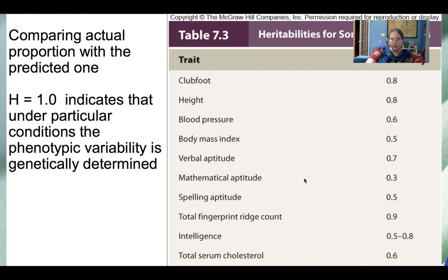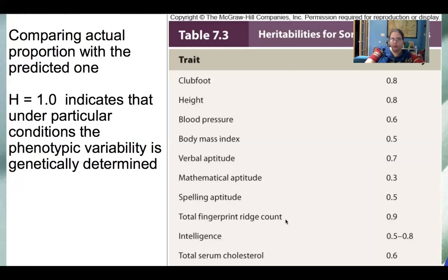Verbal aptitude has 0.7, so a little bit higher. It means it does have a strong genetic component, but also definitely some room for environmental influence. Mathematical aptitude is actually only 0.3, so it doesn't have a strong genetic component, but a much stronger environmental component. Spelling aptitude, 0.5.